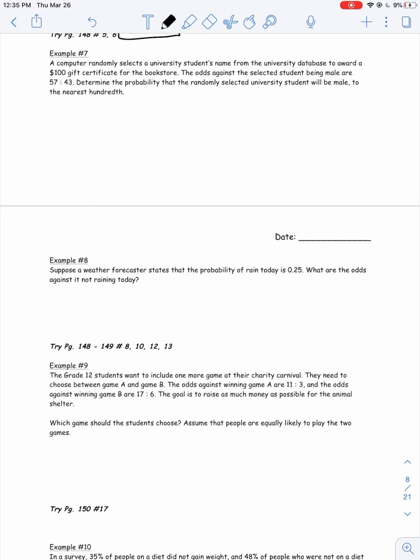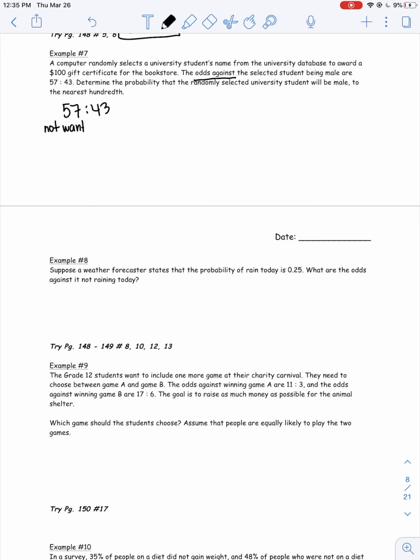Example number 7. A computer randomly selects a university student's name from the university database to award a $100 gift card for the bookstore. The odds against, so we're going to highlight that, the selected student being male are 57 to 43. So 57 to 43 means that this is a male, because the first number, actually, let me go back.